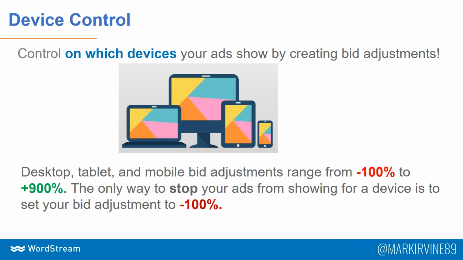If I don't want to serve my ads to a mobile user, either because my mobile site isn't responsive or because I don't believe that mobile audience is really ready to convert, I have the ability to exclude it from seeing my ads. So again, there's a lot of strategy that we can do at the campaign level within our accounts.